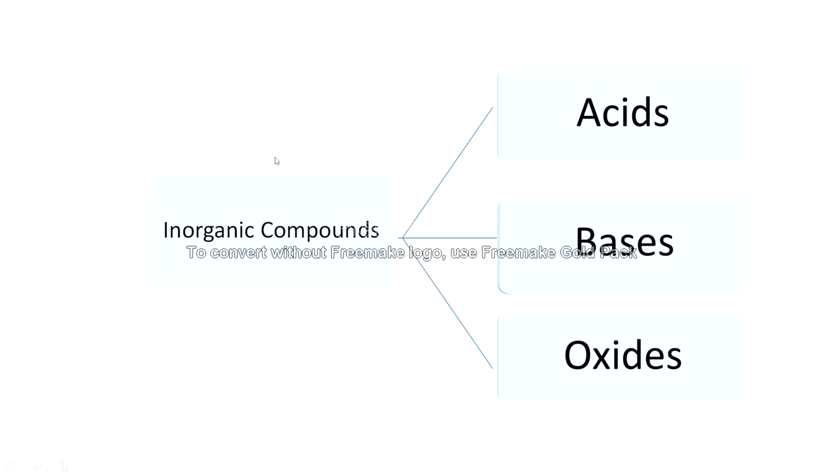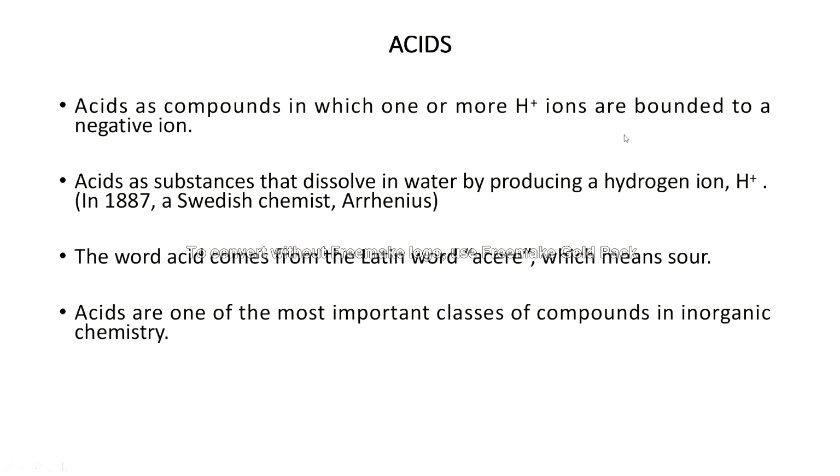As we can see, there are three classes: acids, bases, and oxides. So today we're going to focus on acids. There are two definitions for acids. The first one is that acids are compounds in which one or more hydrogen ions are bonded to a negative ion.